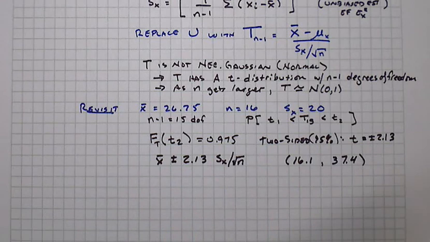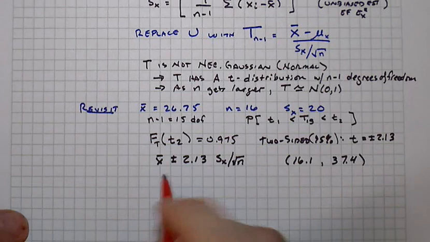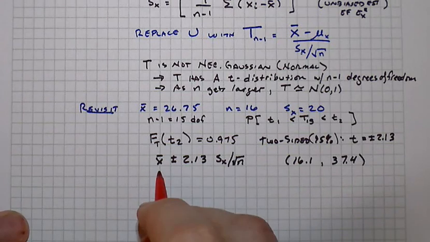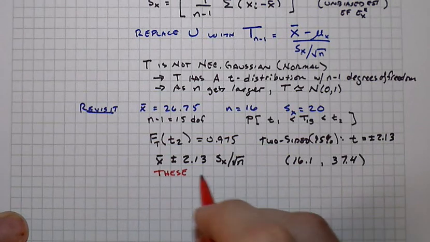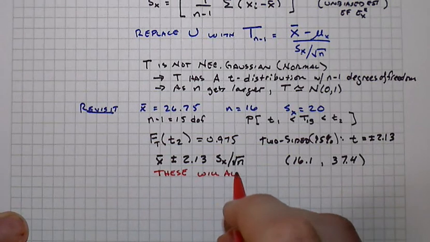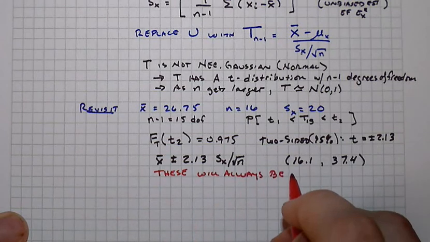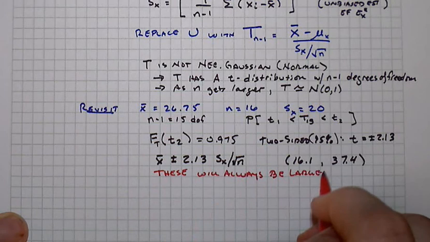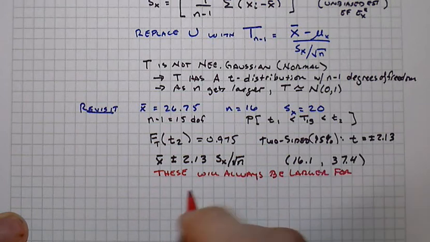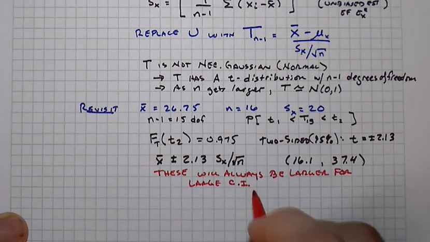And note that that's going to be wider, right? And that will always be the case for practical situations. That with unknown variance, these confidence intervals using the t-distribution will always be larger for these large confidence interval levels.